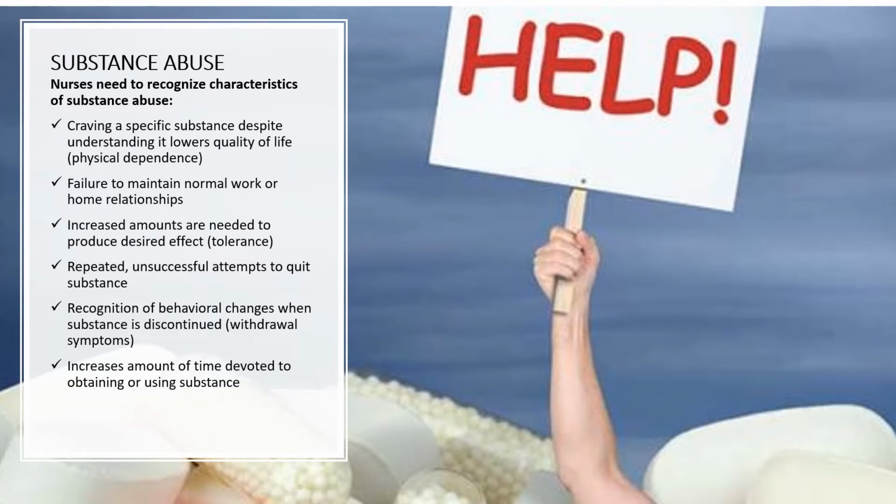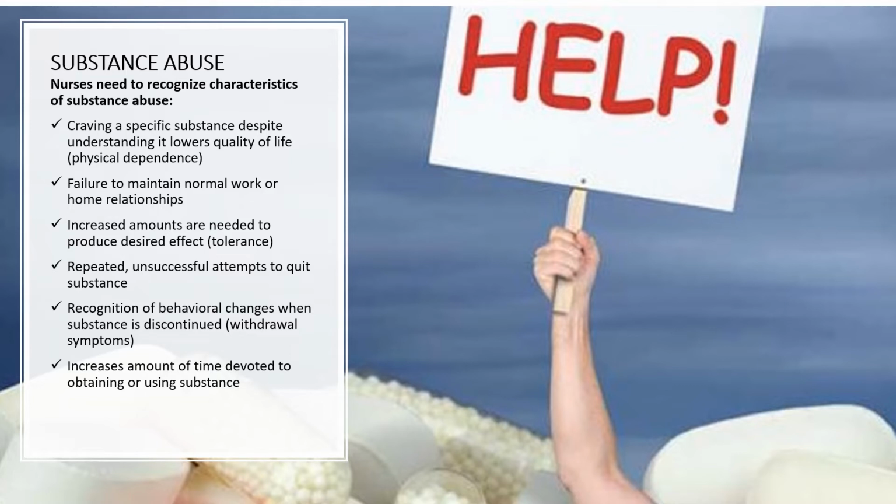Okay, what about recognizing some typical characteristics of substance abuse? So the craving of the substance from the patient. So this is typically the physical dependence, right? So as you withdraw from a medication, the craving begins and the desire to seek out more of the medication becomes stronger.